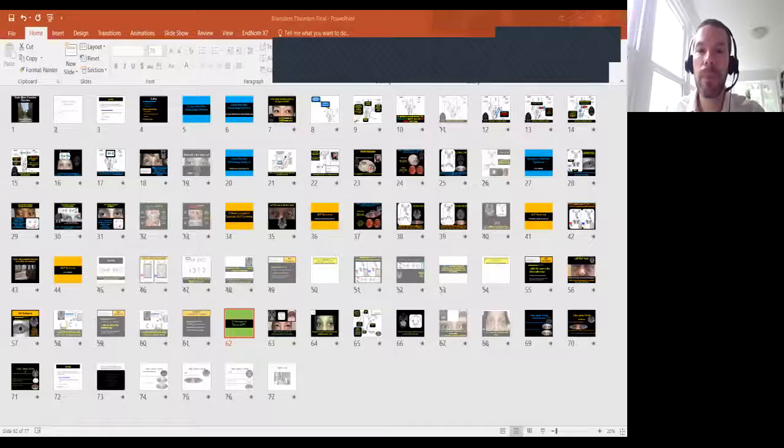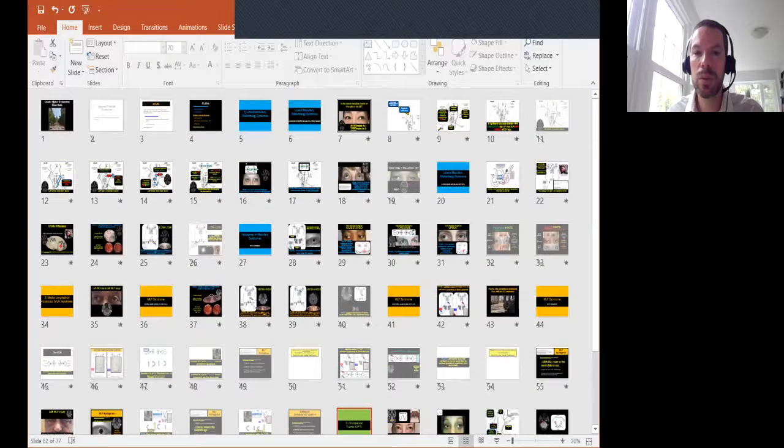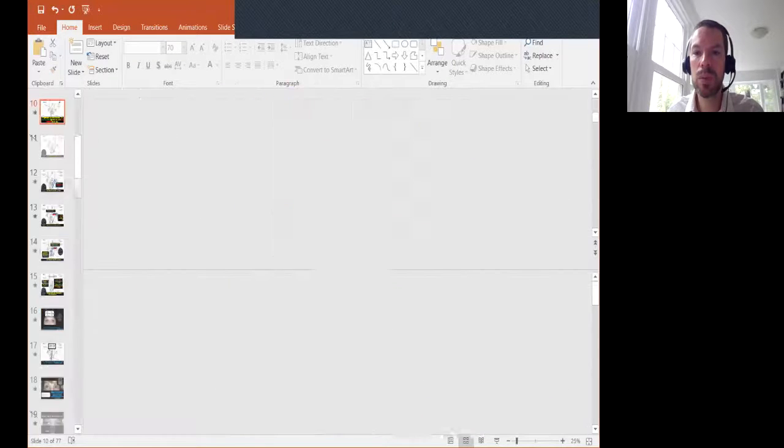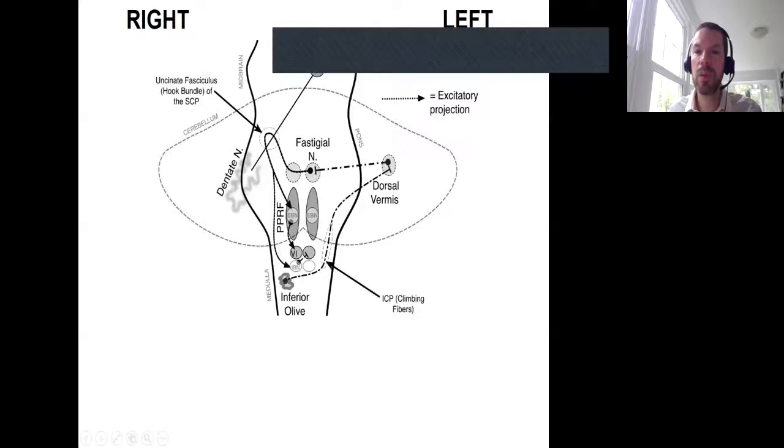Somebody is asking what happens if there is involvement of the ipsilateral olivary and contralateral ICP? What happens to pulsion if both are affected? All right, let me see. Let's go to the pathway here. So can you see my screen?